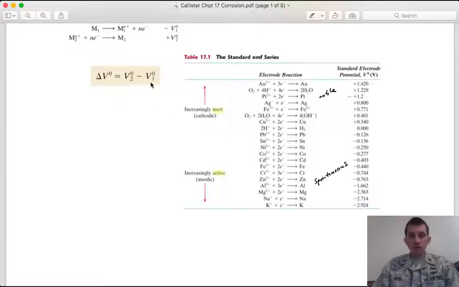So you combine right here, this delta V is the combination of the standard potentials of each of the half reactions. It also means that any metal that's further down the series is going to corrode before a metal that's higher up the series.